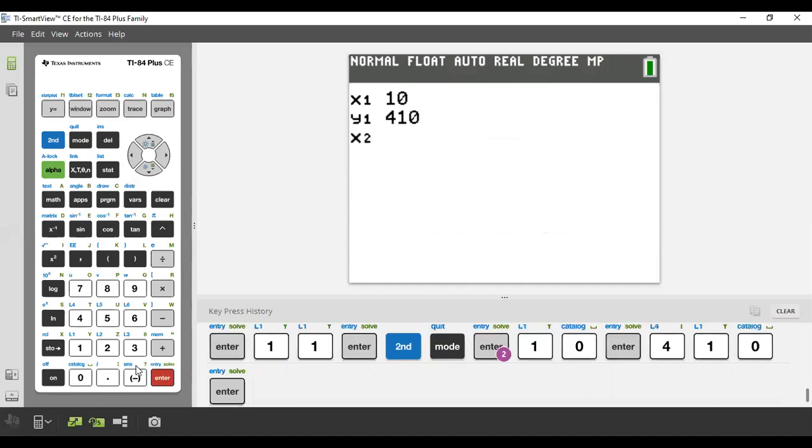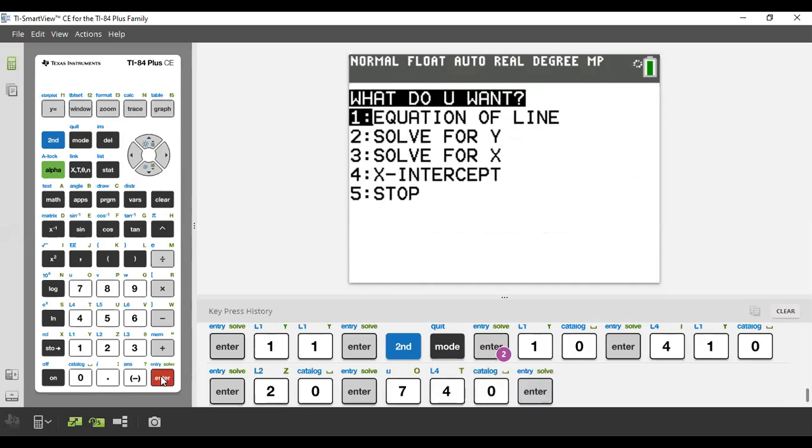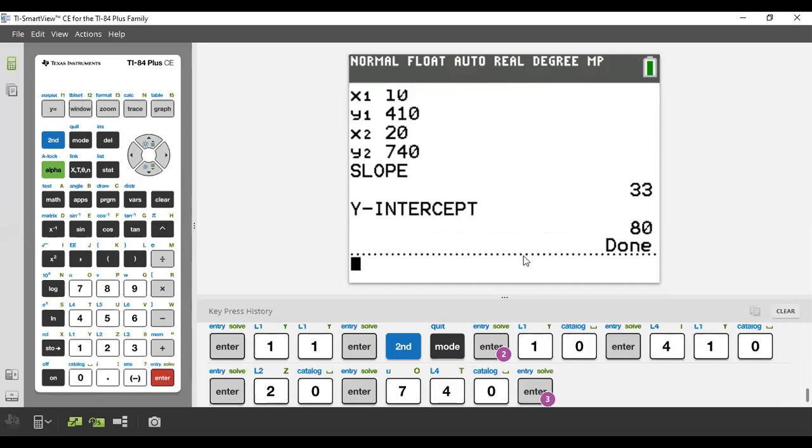And then I'm going to enter 20 and about 740. And then I want the equation in slope-intercept form. So it says the slope is 33, the y-intercept is 80. So let me write that down. So y equals 33x plus 80. Now let's go look at the answer choices and see which one we got here.